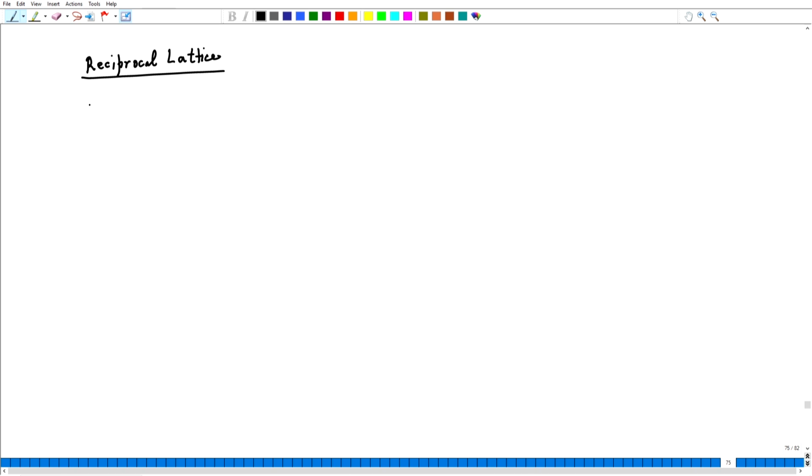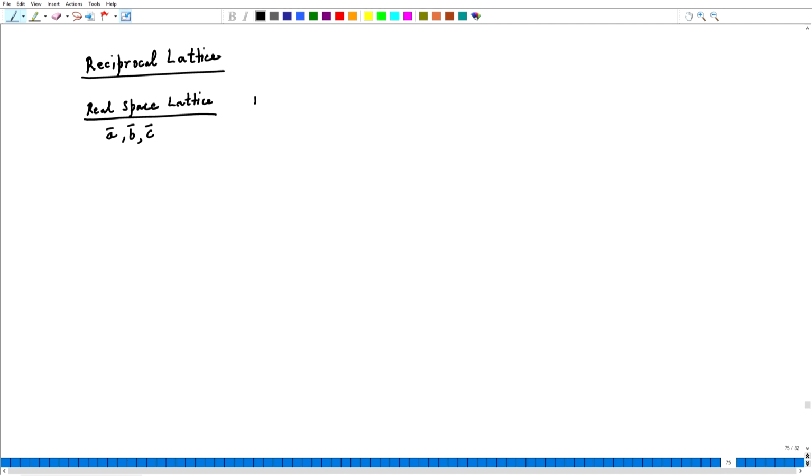So, we have what we can call the real space lattice. A real space lattice is defined by the vectors A, B and C, which are the unit cell vectors, as we have been using them.